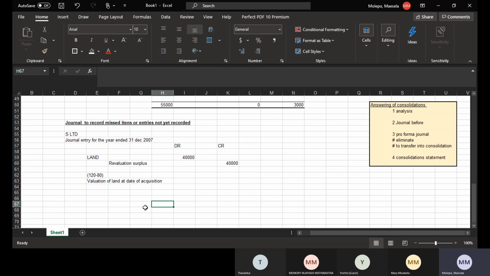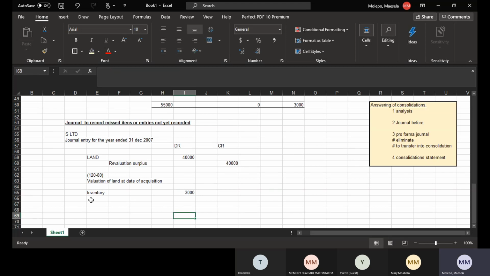Okay, I also have an inventory of 3,000, so my inventory needs to increase from 10,000 to 13,000. So you're going to record the inventory, which is increased on the debit side, increased by 3,000.